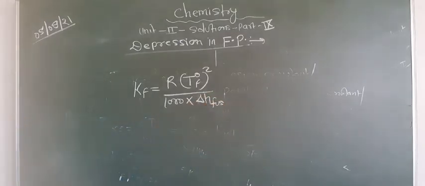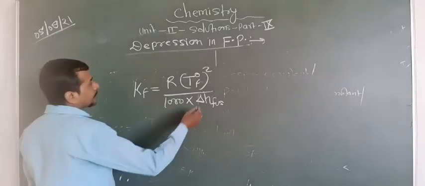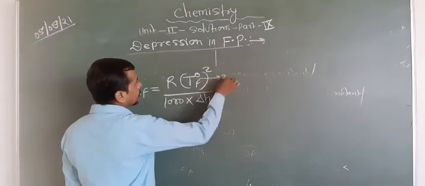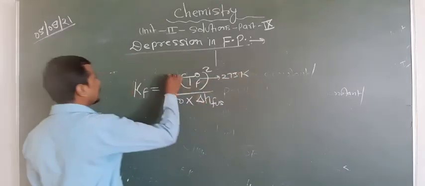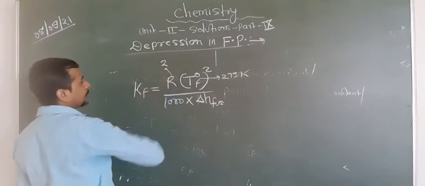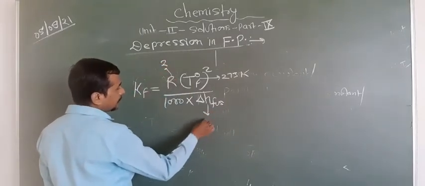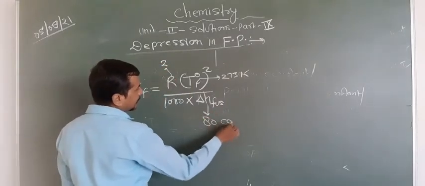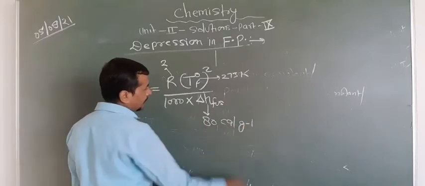Are you getting this point or not? In case of water, we have taken TF as 273 Kelvin, and the heat of fusion is approximately 80 calorie per gram.